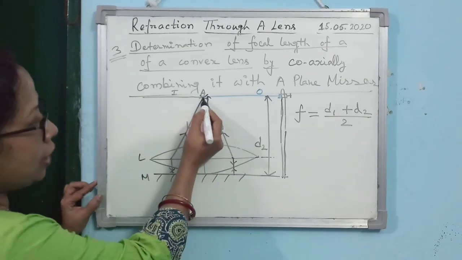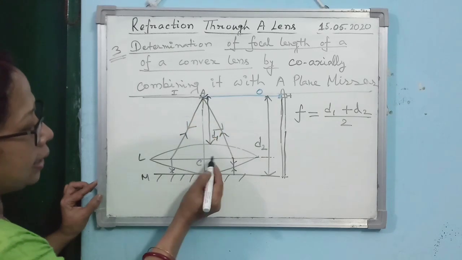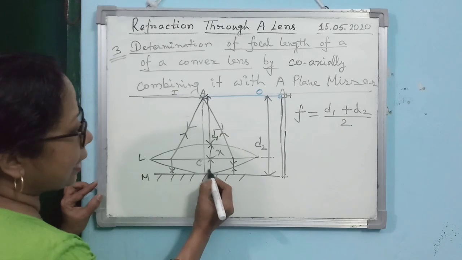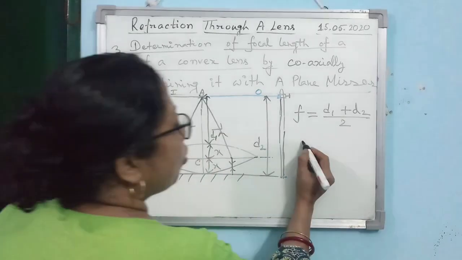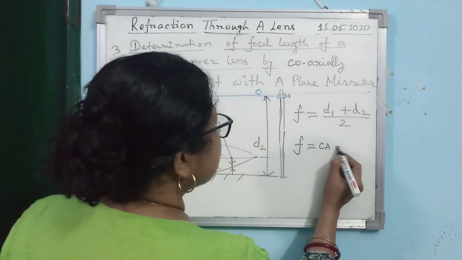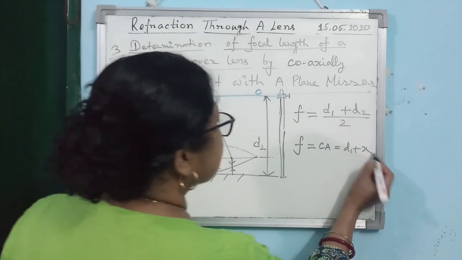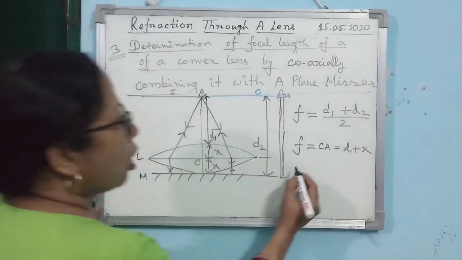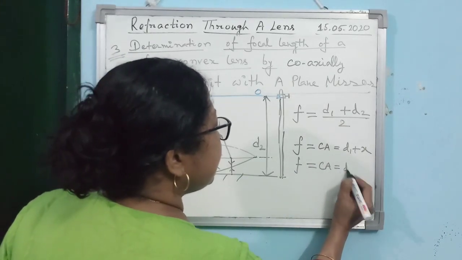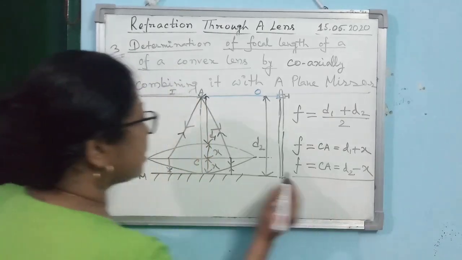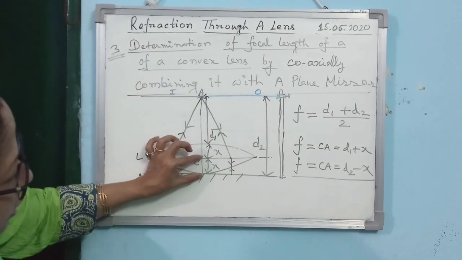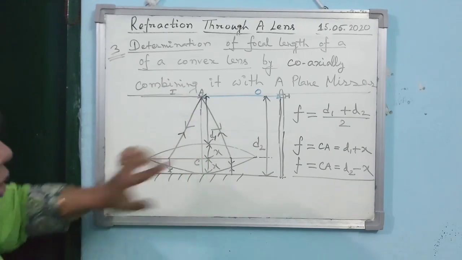Now if you consider the thickness of the lens to be X, then one can write focal length CA is equal to D1 plus X. Or another way you can write it is CA equals D2 minus X. This entire distance is D2. So D2 minus X will be the focal length.